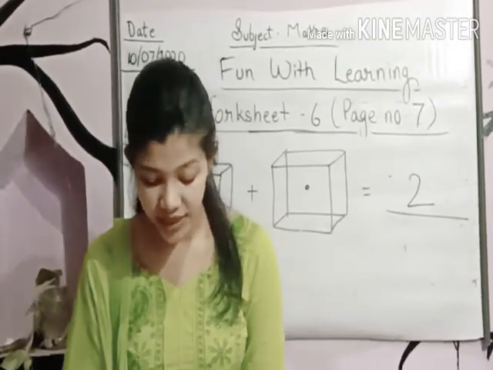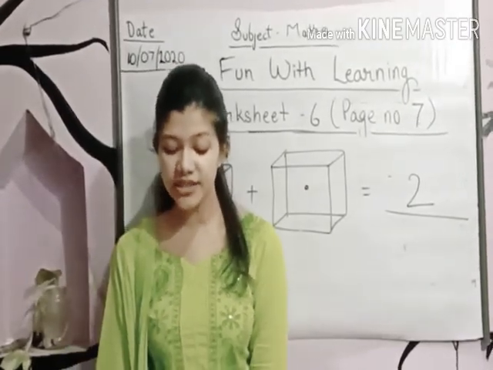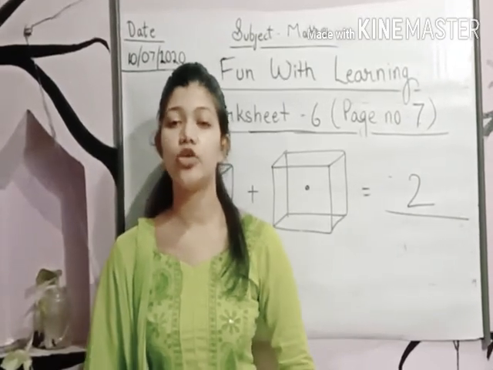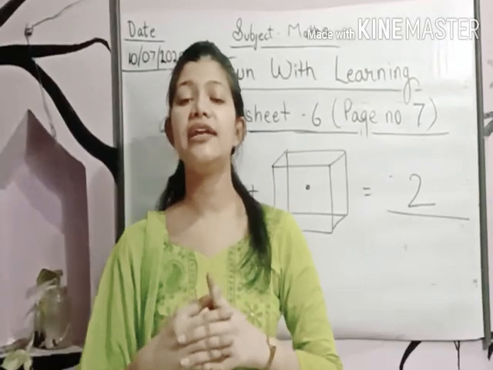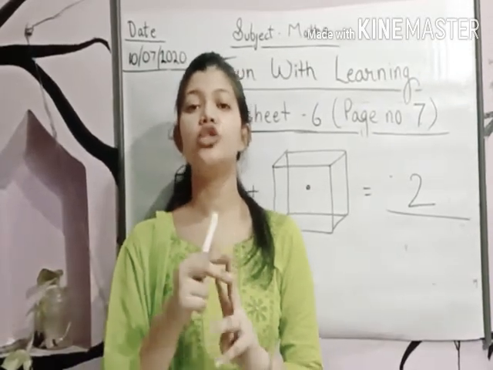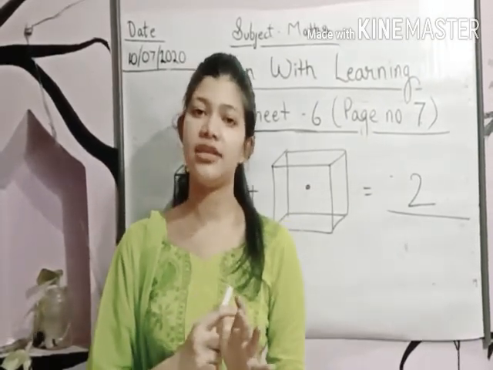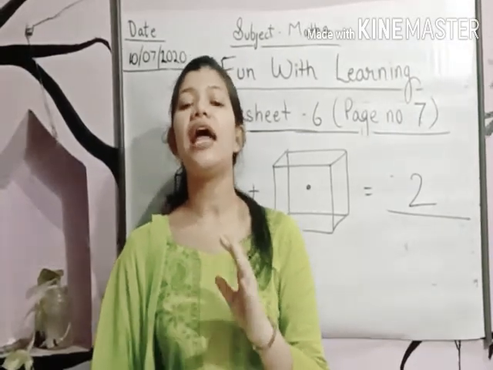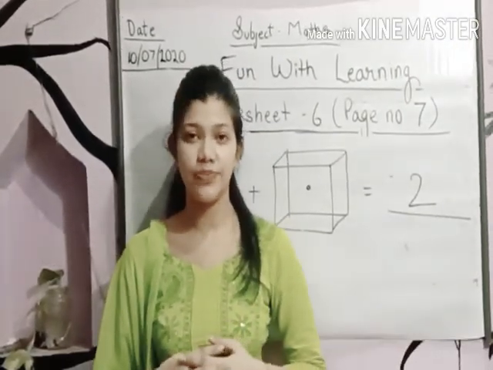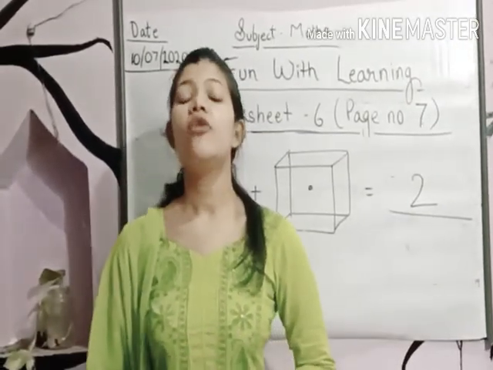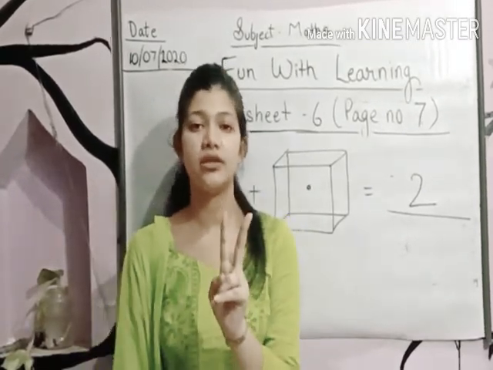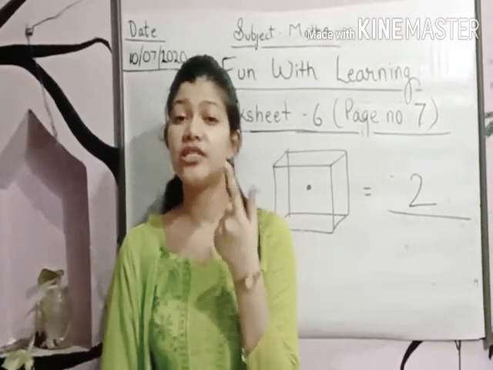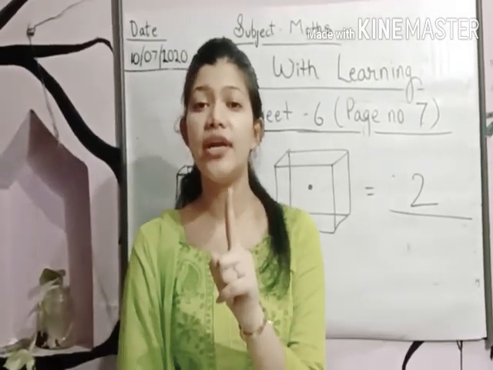Now let's come to next number, that is write the smallest number you get by throwing 2 dice. Now students, as we all know, a dice has 6 digits. 1, 2, 3, 4, 5, 6. Yes, there are 6 sides and there are 6 digits on them. Yes, so students, what will be the smallest number if we take 2 dice? Now can you tell me what will be the smallest number on 1 dice?